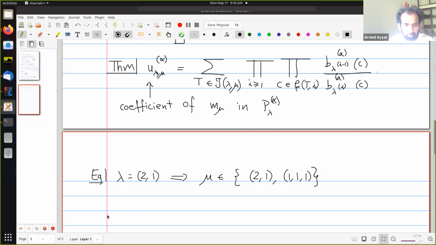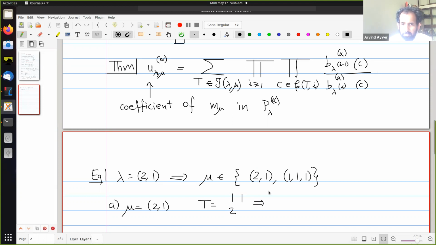So for mu equal to (2,1), let's take a tableau of the form 1, 1, 2. So 1 comes 2 times and 2 comes once.